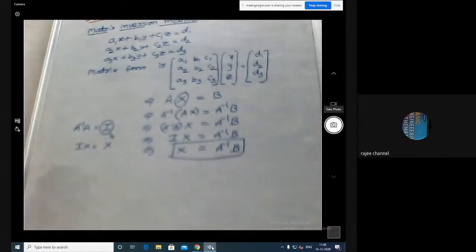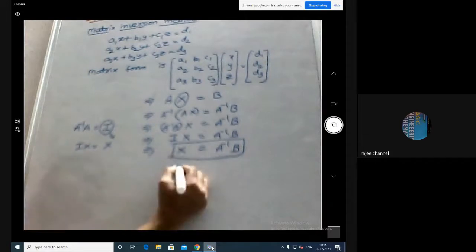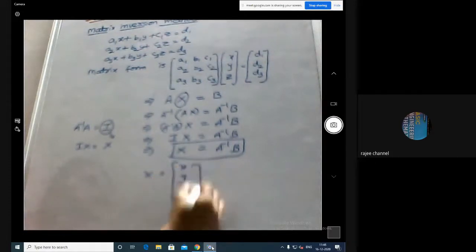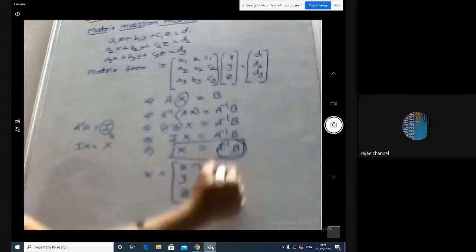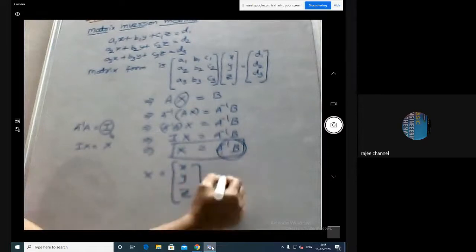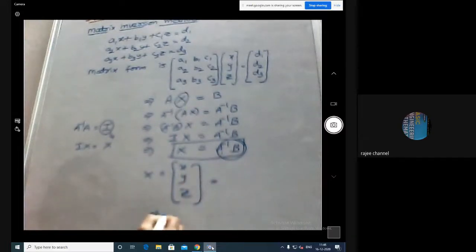This is the formula. Capital X is nothing but x, y, z. These constant values we can find by using A inverse B. A inverse we can find separately. What is the A inverse formula?